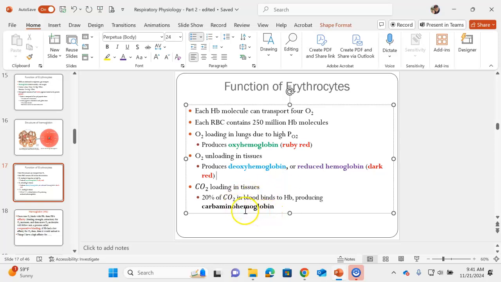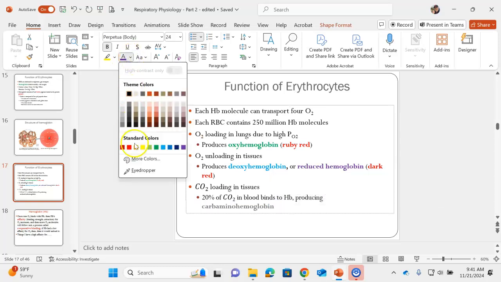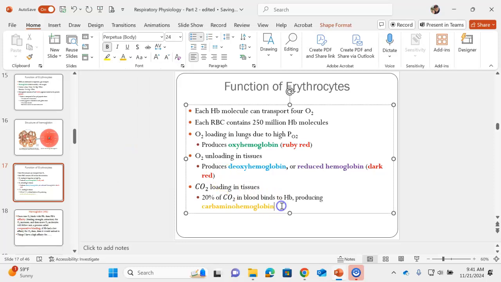Now, like I said before, hemoglobin has the ability to transport carbon dioxide as well. Whenever CO2 is bound to the globin protein chains and it's in the blood that is making its way back to the heart to get sent to the lungs, number one, it's deoxygenated. So it's deoxyhemoglobin at that point when it's on its way back to the heart.